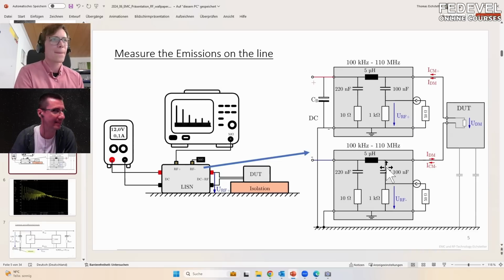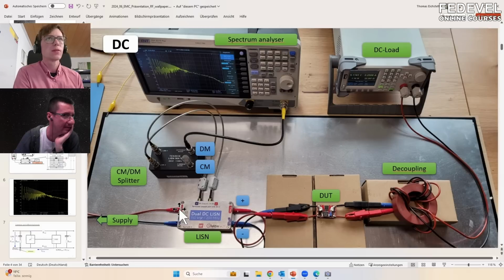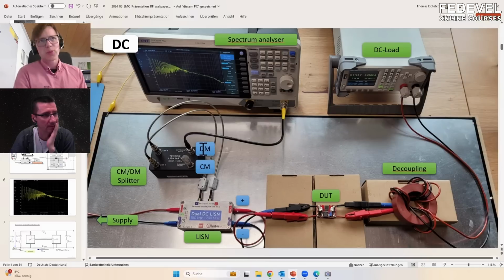So what else is in your setup on page number 4? Here, so there is what we saw before, DM/CM. So what does it do? DM/CM, listen, tech box, this one here. Yeah. This one means differential mode, and the other one common mode.